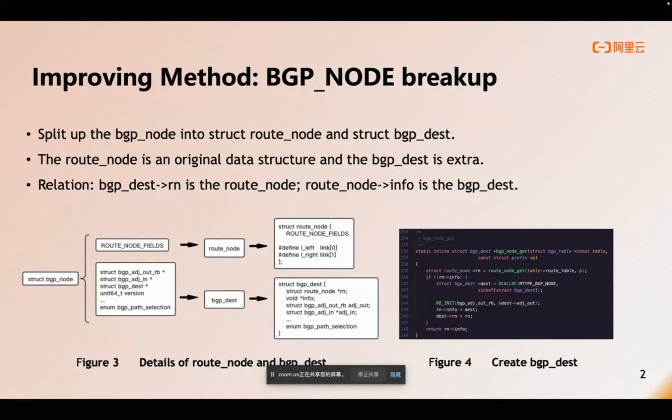The details of the breakup are shown in figure 3. In root node, there's a pointer named info pointing to BGP dest, and in dest, there's a pointer rn pointing back, so they can find each other via pointers. The relation between them is set when creating the BGP dest.